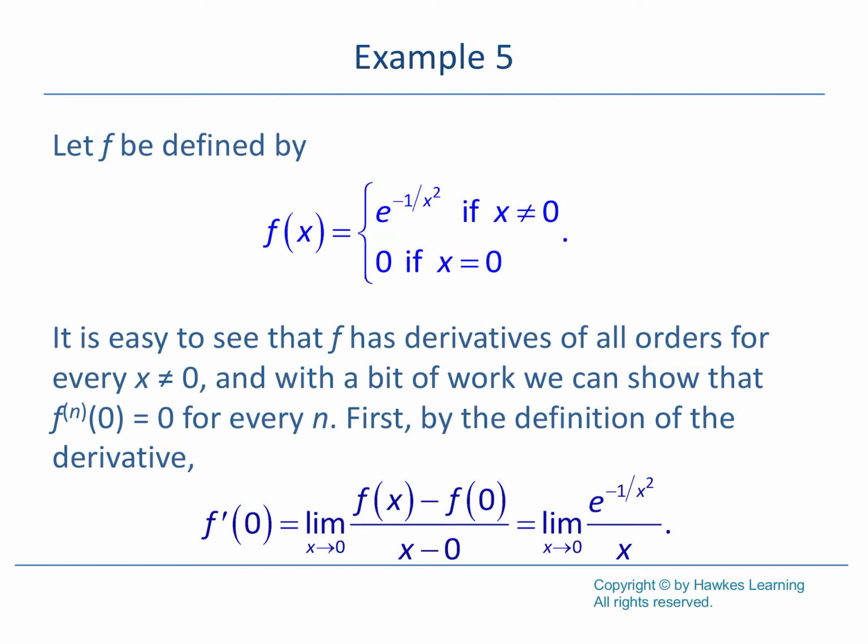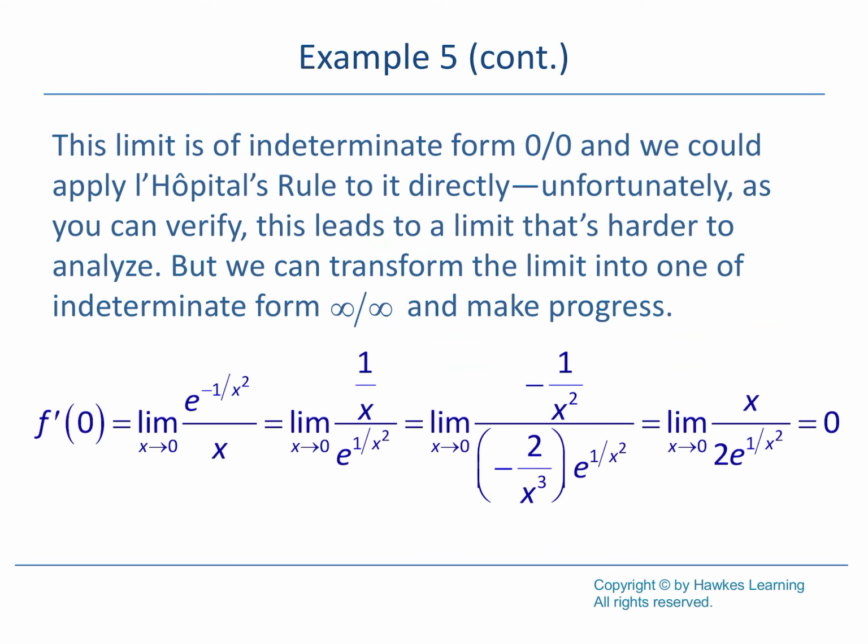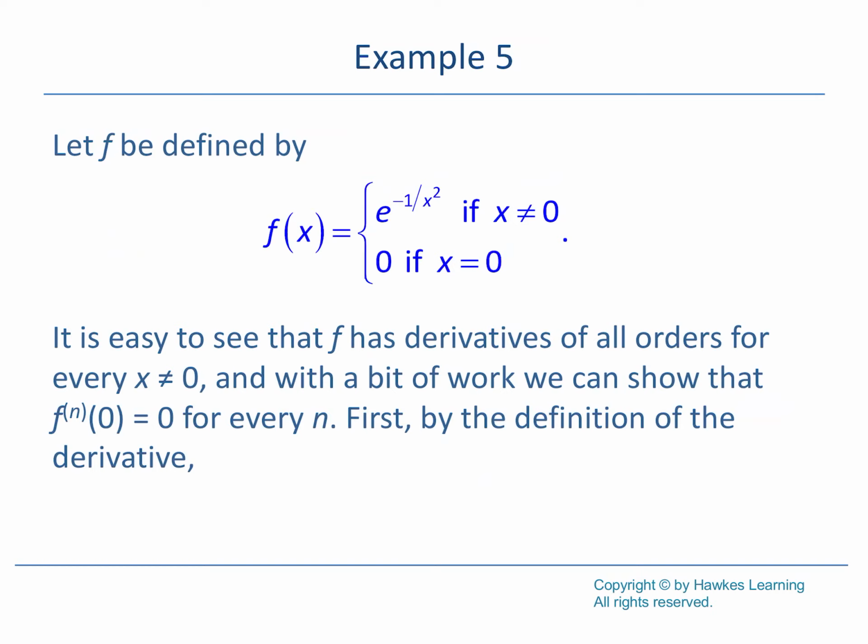You have to do a little bit of work. Here they're using L'Hopital's rule to show that the derivatives are in fact 0. But this is a function that when you try to find its higher order derivatives, you always get 0 back when you're centering it at x equals 0.